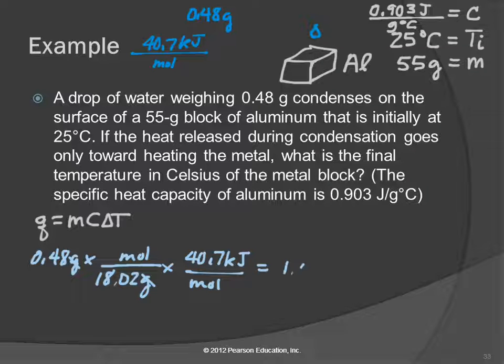So 1.084 kilojoules. That should have two significant figures, but I'm going to keep the 8 and the 4 because I don't want to round it off because I'm not done yet. That's the amount of heat. That's Q.